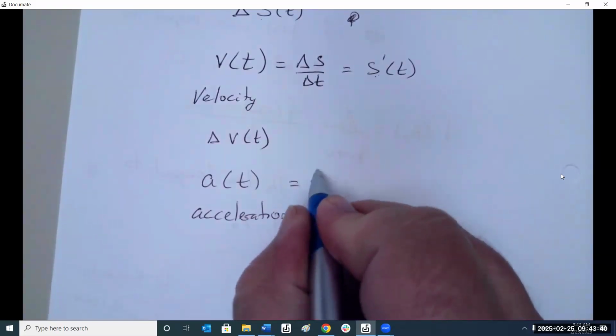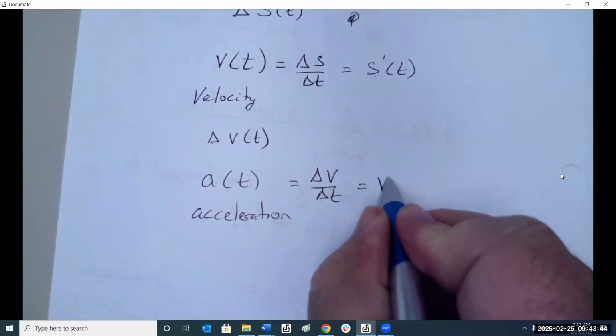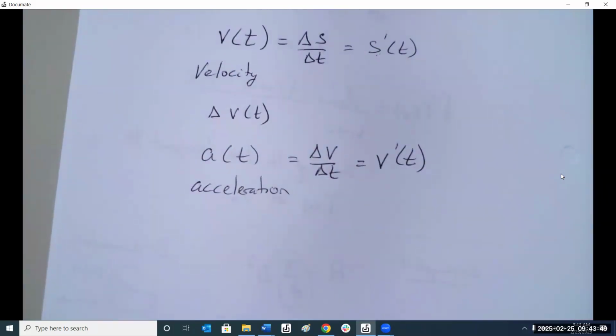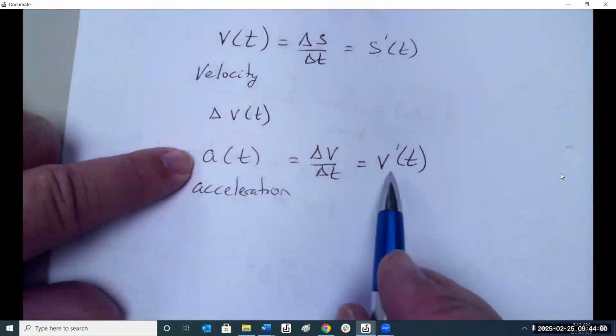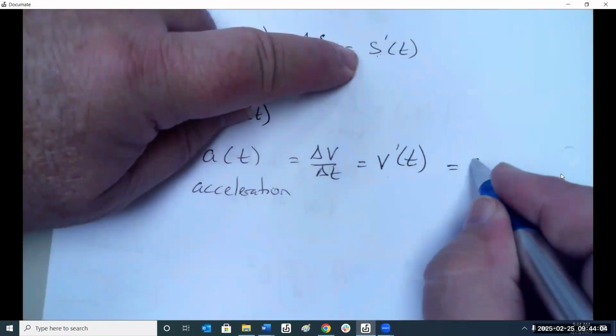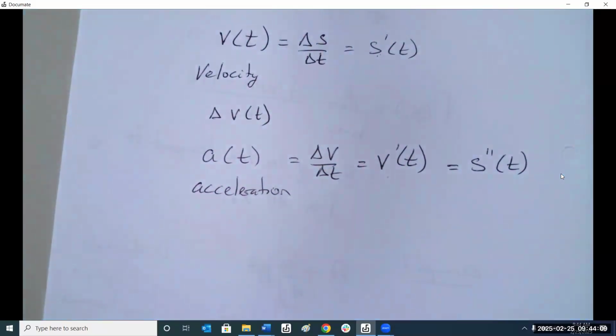The acceleration is the change of velocity over the change of time, which is the first derivative of velocity. Since acceleration is the first derivative of velocity, that means it's the second derivative of our position function. It's the change of change of position.